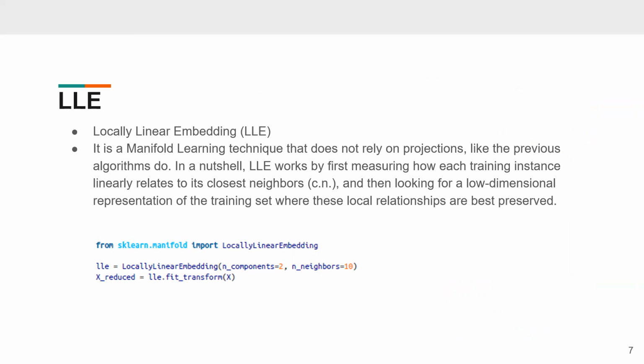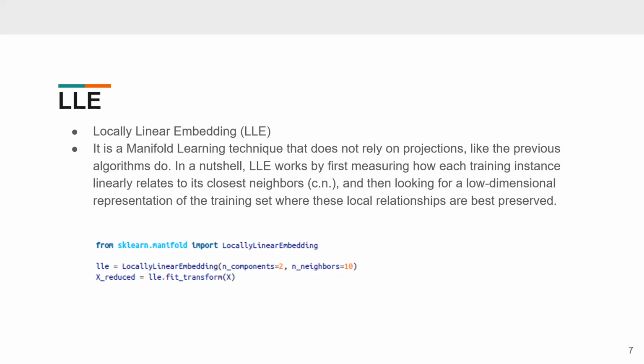In a nutshell, LLE works by first measuring how each training instance linearly relates to its closest neighbors, and then looking for a low dimensional representation of the training set where these local relationships are best preserved.